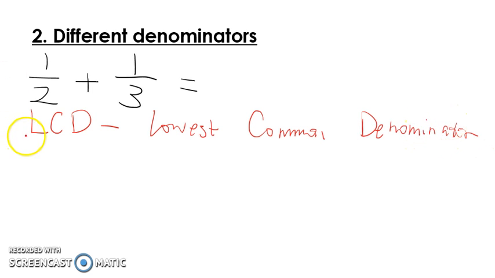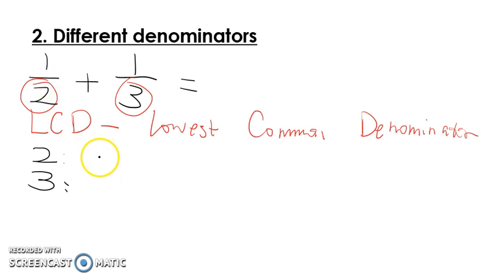I would really prefer if I see all these processes. So step 1, we have the denominator 2, we have the denominator 3. We find their lowest common denominator, using the method that I mentioned before when we were doing lowest common multiple.